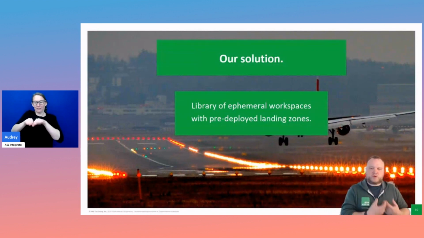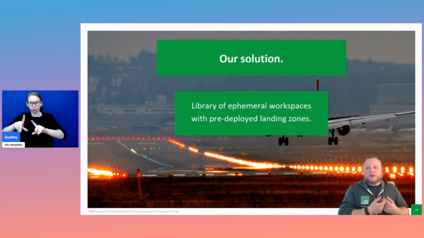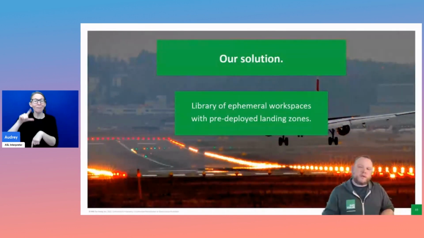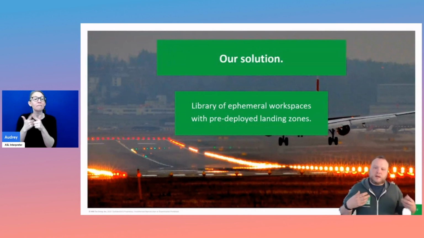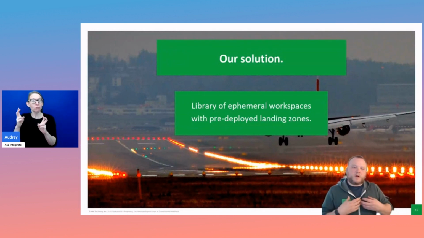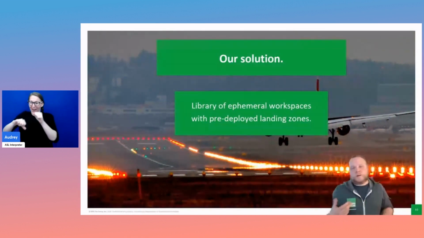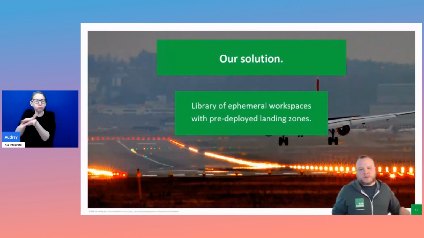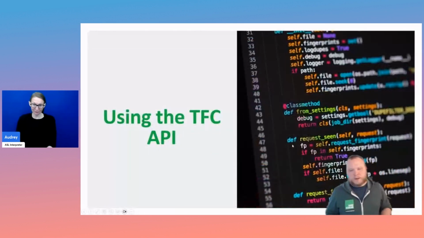They can deploy their infrastructure, deploy their application, and do the testing, the training, or the lab work for the proof of concept that they want to work on. Then when they're done, it gets checked back into our library. All of the infrastructure that they had deployed is automatically cleaned up, and that workspace becomes available for someone else to use. In order to support that, we use the TFC API.